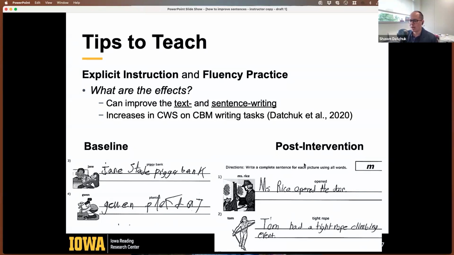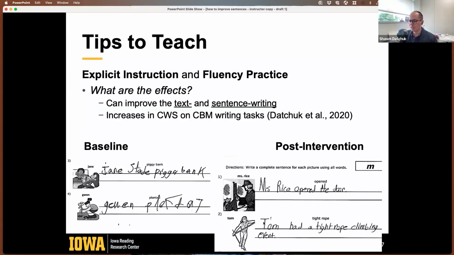So post-intervention, after a series of instructional lessons and fluency practice, what we see is, these aren't masterful post-Renaissance type sentences by any means, but you can see that this student in a very meaningful way has latched onto the basic building blocks of sentence structure. So we have Miss Rice opened the door, with a clear capital letter and punctuation.